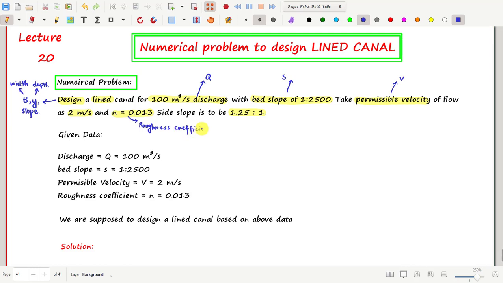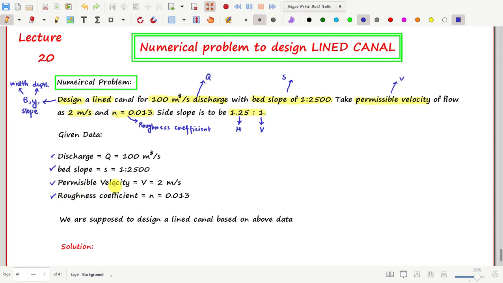And then side slope is given to us. This 1.25 is horizontal slope, and this represents your vertical slope. Got it? So this is the data given to us. Discharge, bed slope, permissible velocity is given to us, and roughness coefficient is given to us.